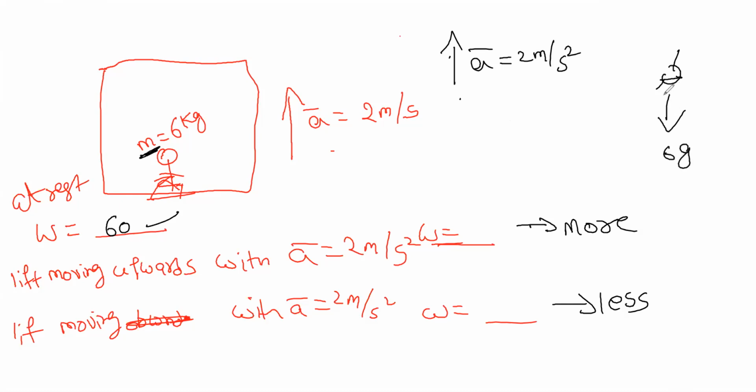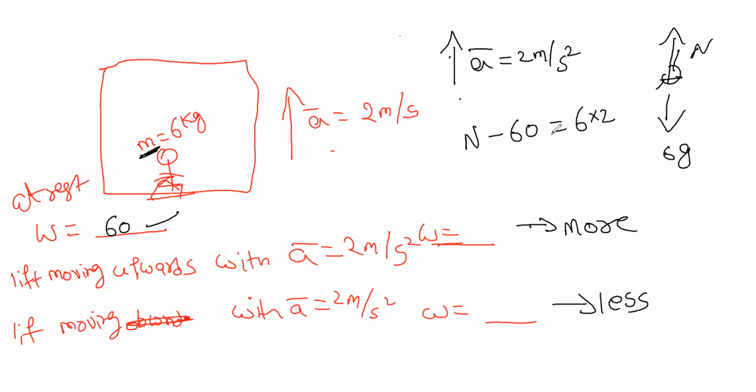And then normal force will be there. That's it, right? These two. So we have that F net equals to MA, correct? So it is moving upward. So N minus 60 is equals to mass of the body into acceleration. They give us 2, right?